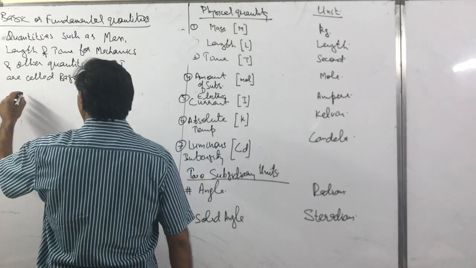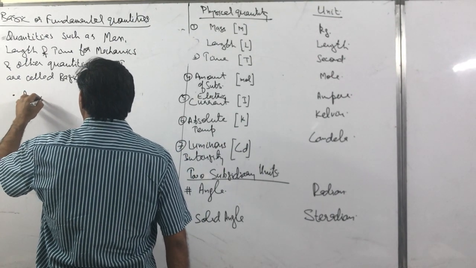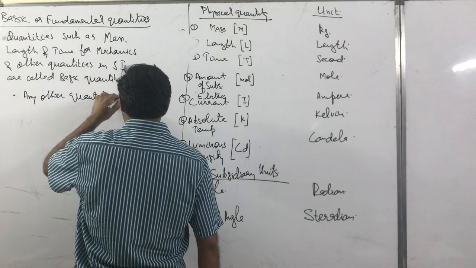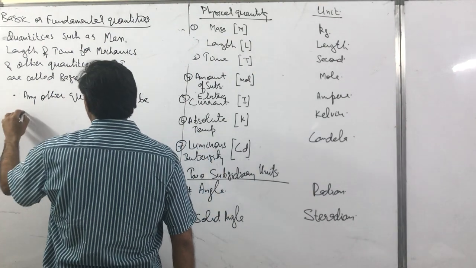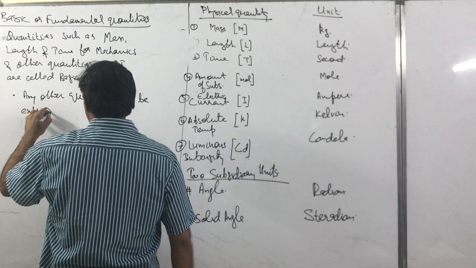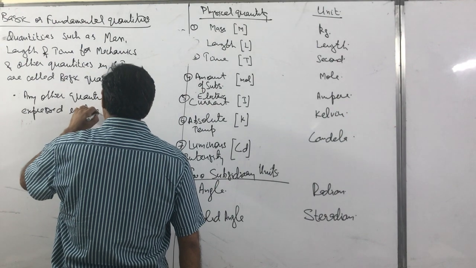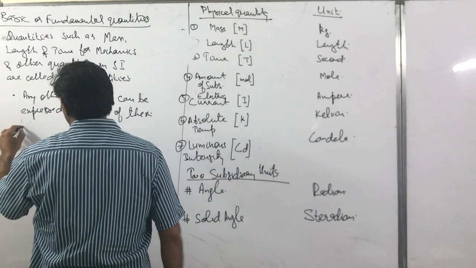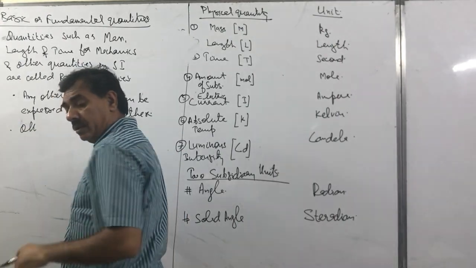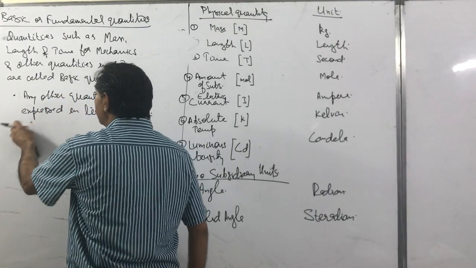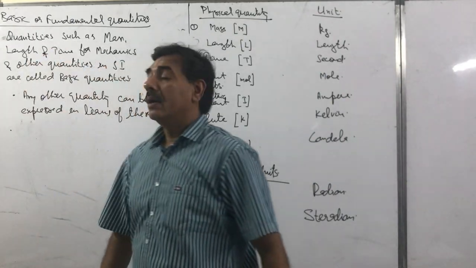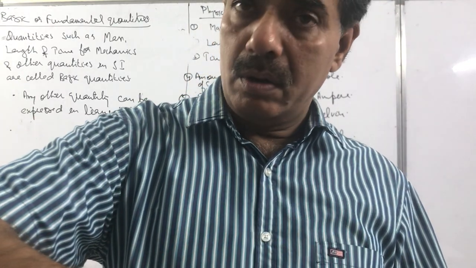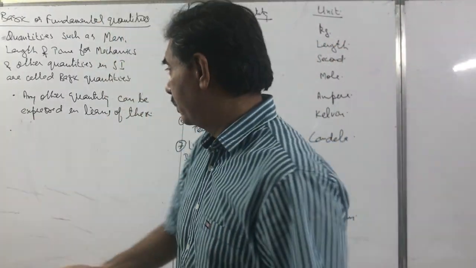Why? Any other quantity can be expressed in terms of these. These quantities cannot be expressed in terms of any other quantity or between themselves.